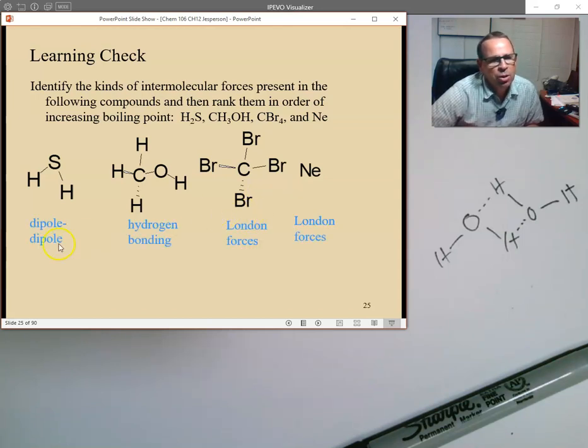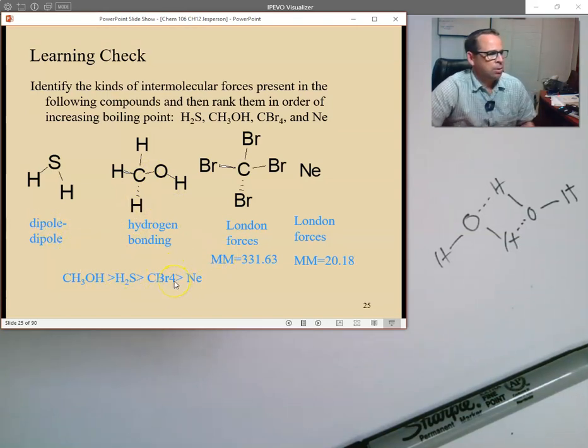That's right. So, if that's our case here, then because our molecular mass helps us indicate the difference between those, our strongest intermolecular force would be the hydrogen bonding occurring on methanol, and then our dipole-dipole, and then our London forces, as Sarah described.